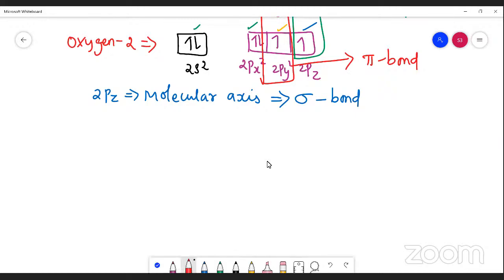Okay, so which atomic orbitals do you have to take? The 2pz and 2py. Each pz orbital has how many lobes? 2 lobes. So the pz I am showing like this.